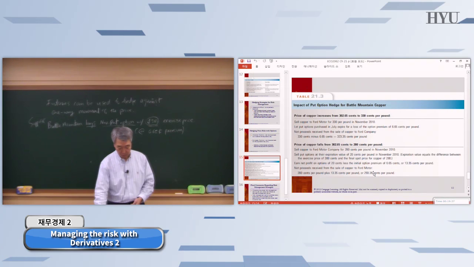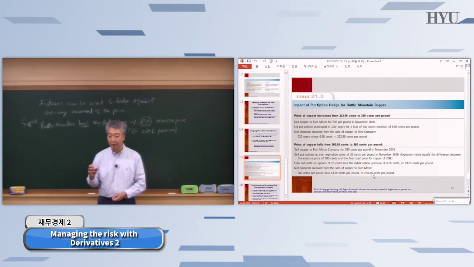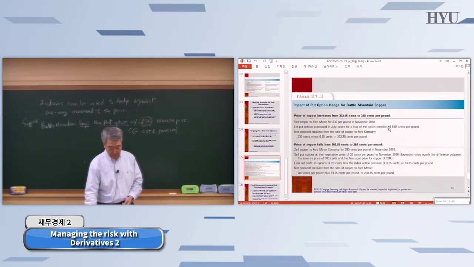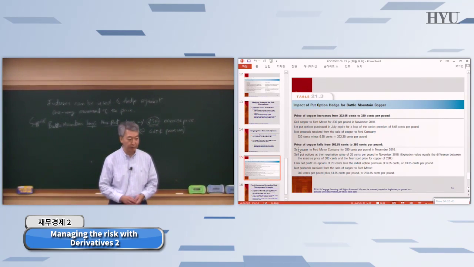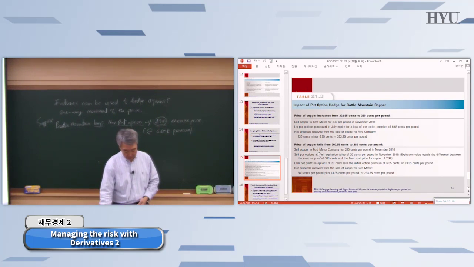You're getting only 293.35 cents, so you are losing a little bit compared to your expectation. But the market price went down to 280 cents in this case, so at least you are recovering some of the losses. You're protecting yourself against the full loss using the option.